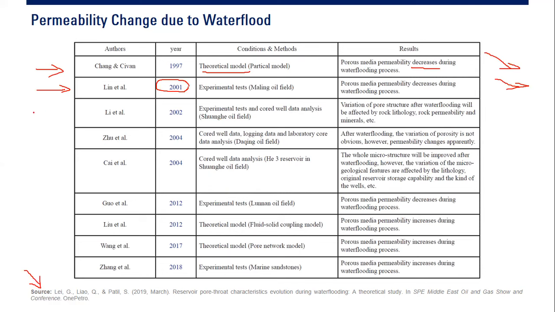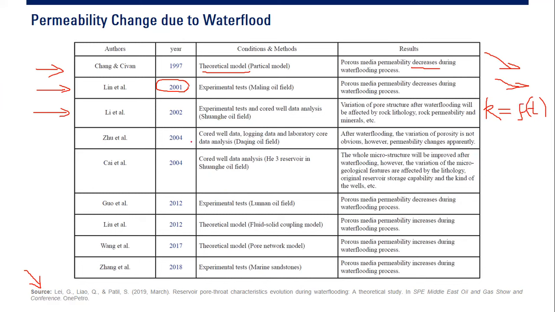Okay, so that's the third one. All right, we can say permeability is a function of time during water flood and pore volume injected during water flood and so on and so forth.